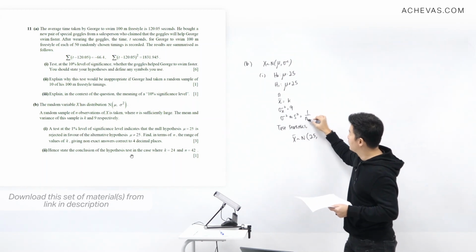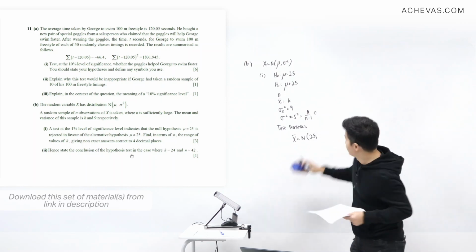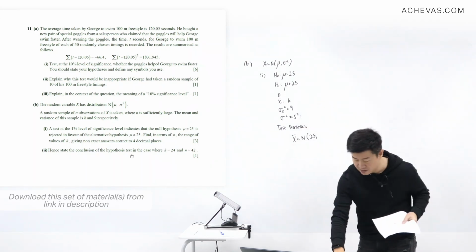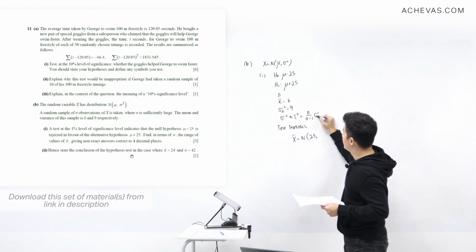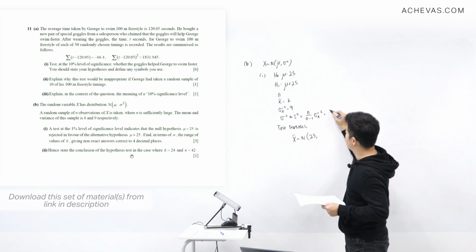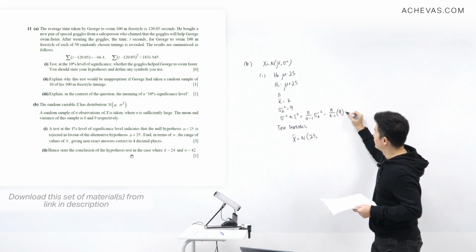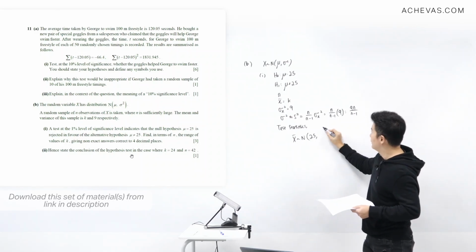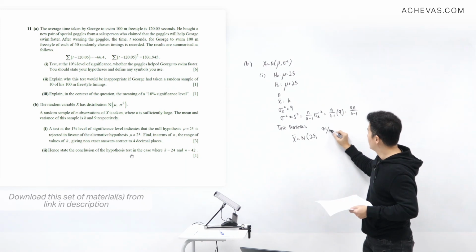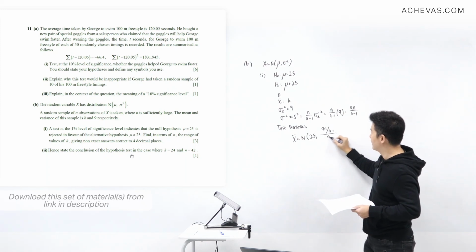So it's going to be n over n minus 1 multiplied by the sample variance. Let me just rewrite this. This is equal to n over n minus 1 multiplied by the sample variance. So it's going to be equal to, n is n, so n over n minus 1 multiplied by 9. So 9n over n minus 1. So the test statistics will have a variance of 9n over n minus 1 divided by n.